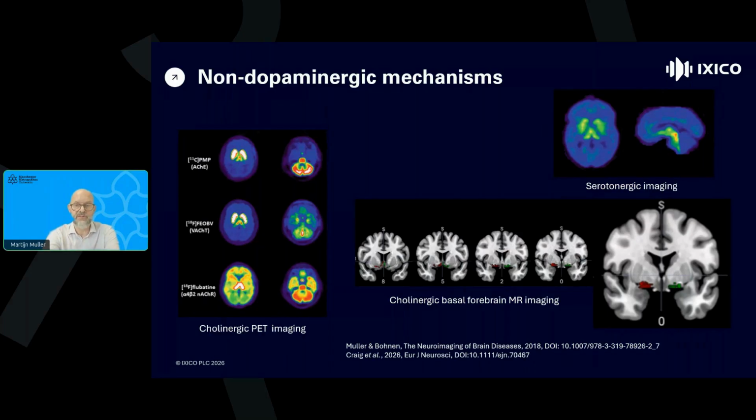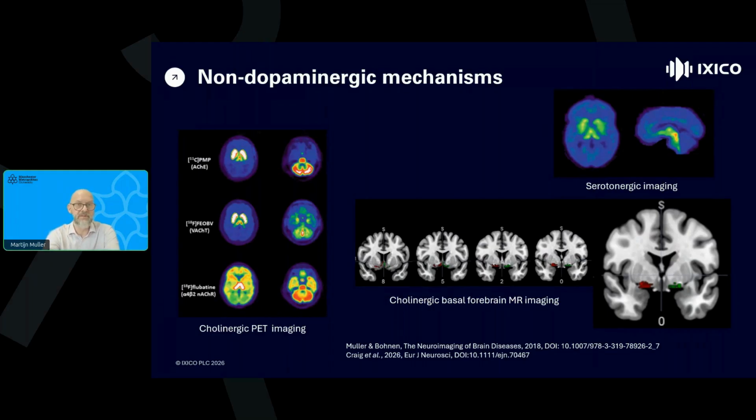Imaging of these systems may help identify patients with distinct biological profiles and therapeutic needs. If you look at the left panel on this slide, there are multiple cholinergic PET imaging ligands available to look at the cholinergic system.